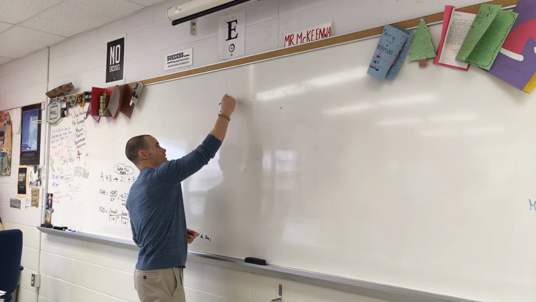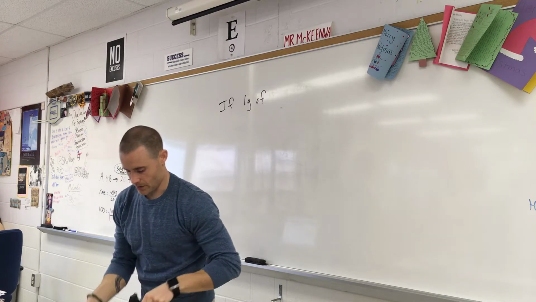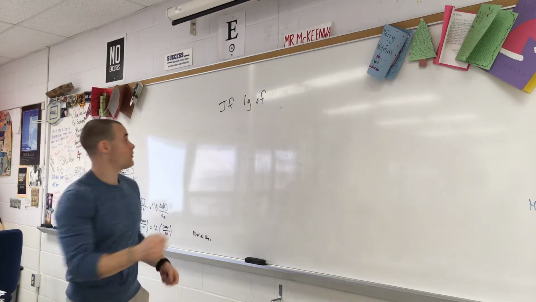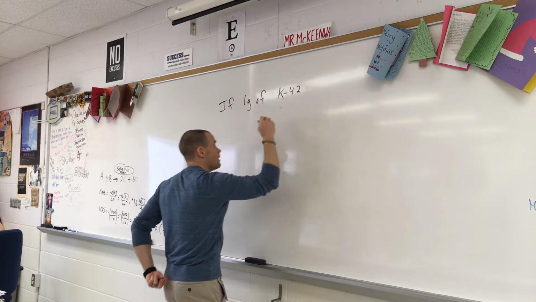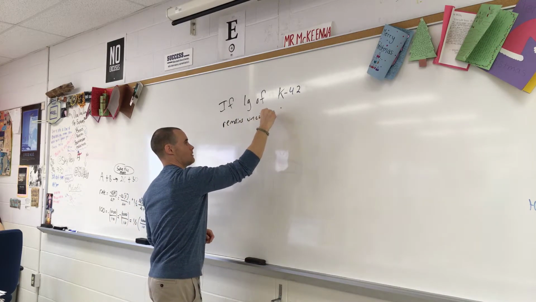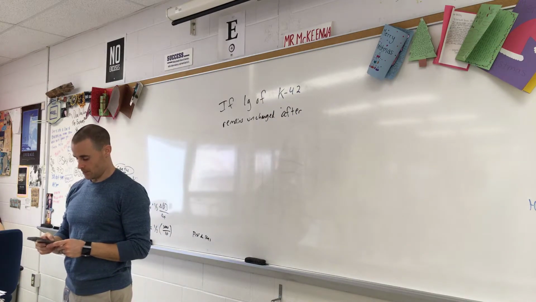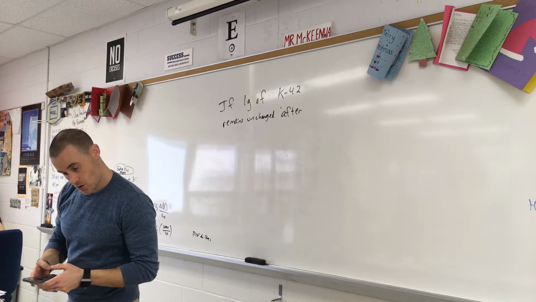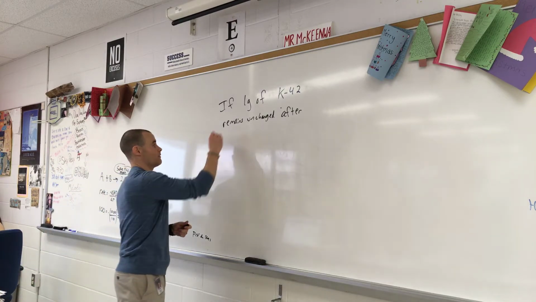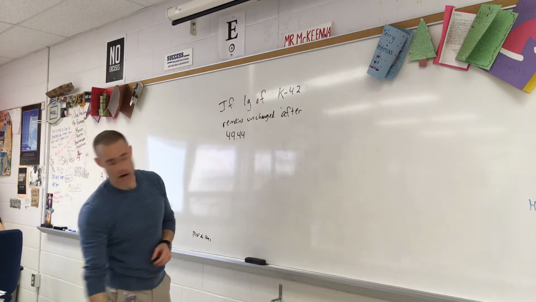So it says, if 1 gram of, I'll pick an isotope here, let's go with K42, remains unchanged after, I'm just going to make these up on the fly here, 49.44 hours.